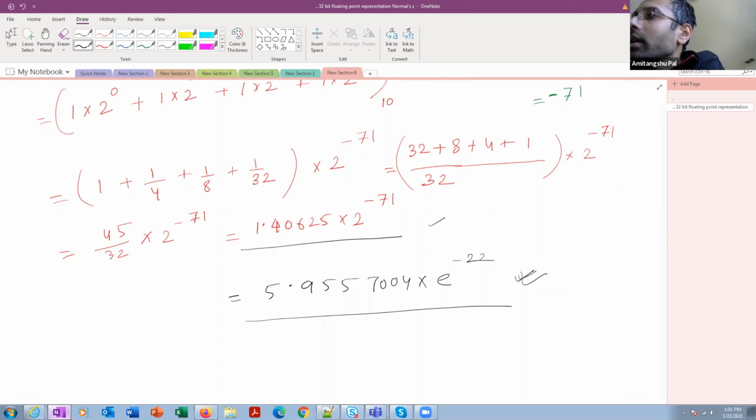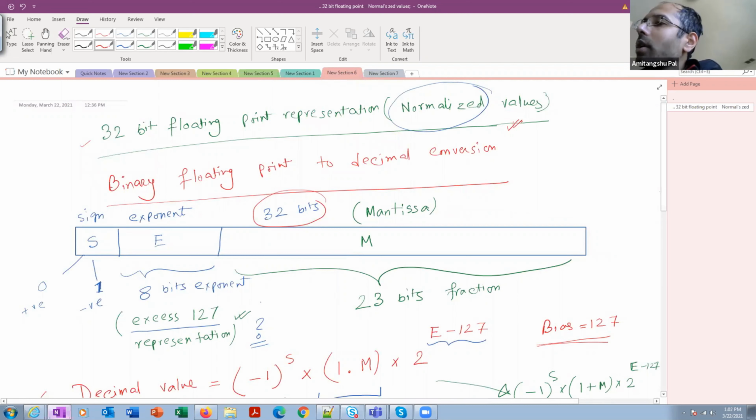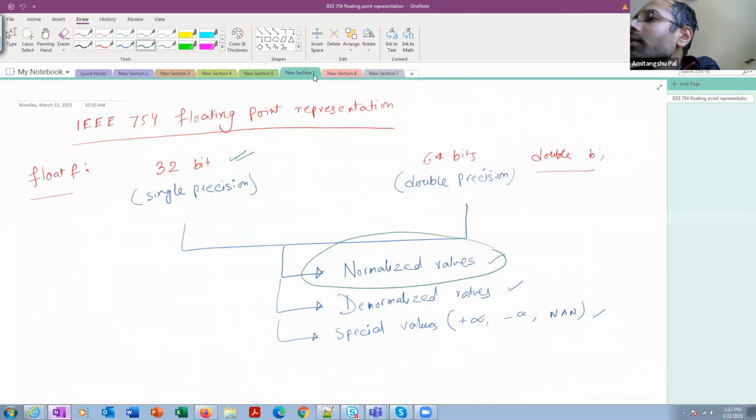Now, one thing I forgot to mention while describing normalized values: in case of a normalized value, the exponent cannot be all zeros or all ones. Why? Because they are reserved for denormalized values and special values.